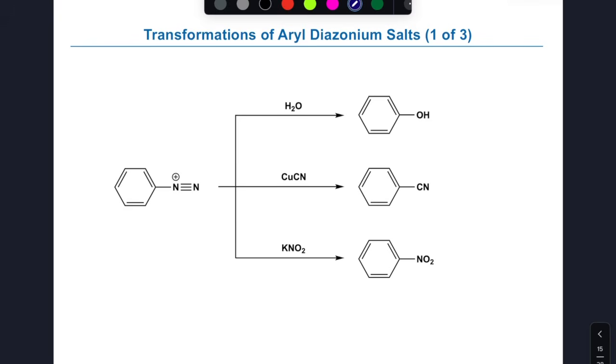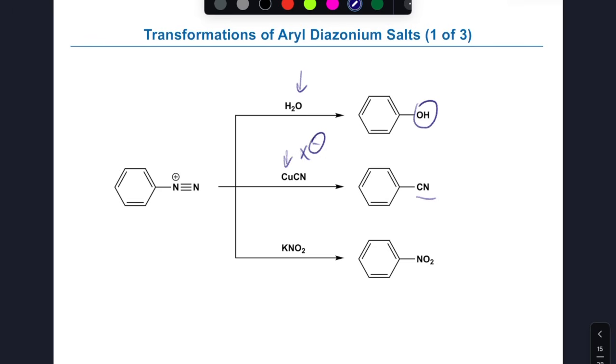So if you're looking for an OH, you would be using water as your nucleophilic species. Many copper salts, in fact, do a really good job with your salt, whatever the X minus component is, being added directly in. So this is how you would add cyanide by using copper cyanide.